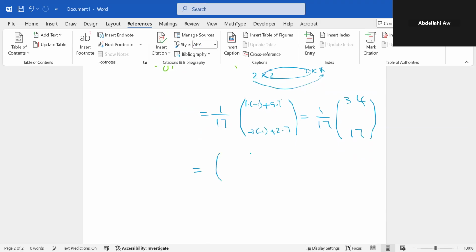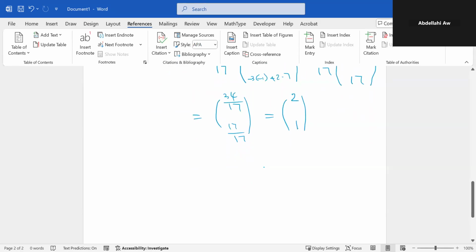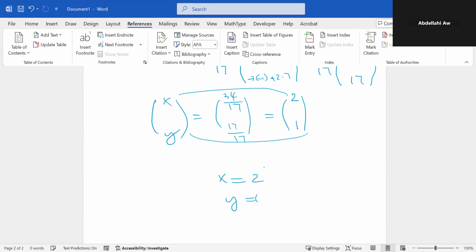It's going to be 34 divided by 17, and 17 divided by 17, which simplifies nicely to 2, 1. You see, we have our solution. So x y is 2, 1, meaning x equals 2 and y equals 1.